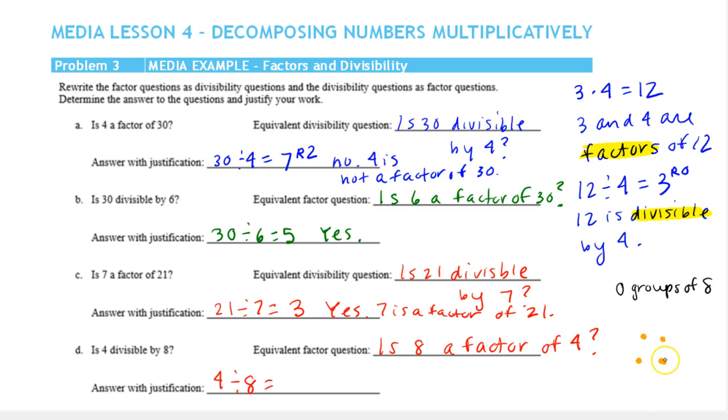And we could say there's 4 left over. So this is 0 times 8 plus 4. Okay, so notice there is a remainder. The 4 are left over. So this is 0, remainder 4. So 4 is not divisible by 8.